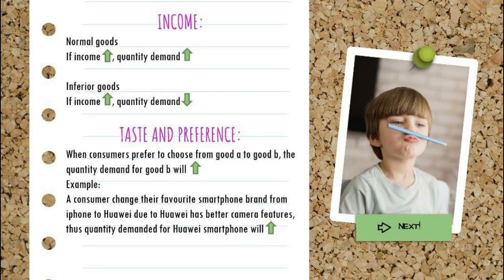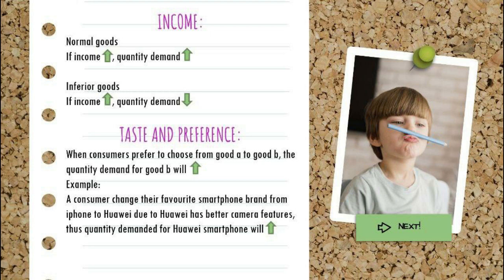The next factor that influences demand is income. When the consumer's income is higher, the quantity demanded for normal and luxury goods will increase, and vice versa. For example, when the consumer's income is higher, they can afford to buy normal and luxury goods.